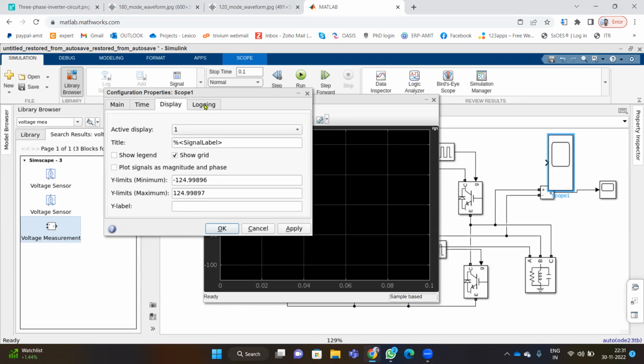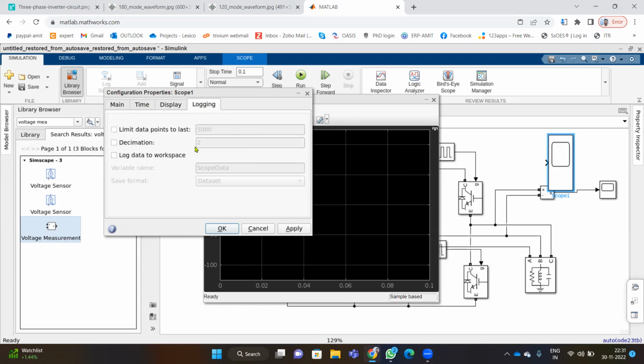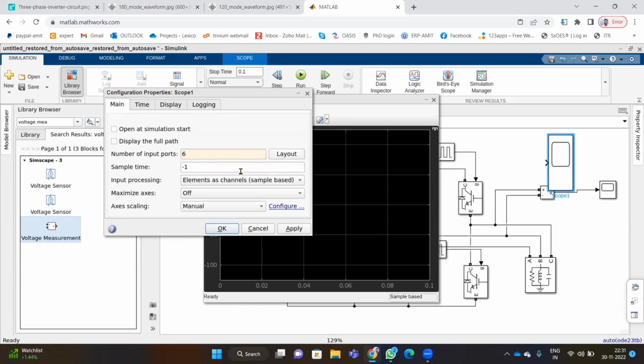So just check my other video. I have already described how to change the settings of the scope and how to save the scope's data in the workspace. It will help you.